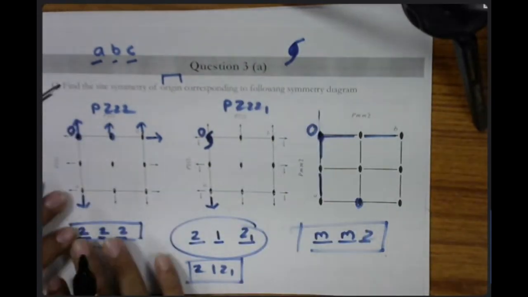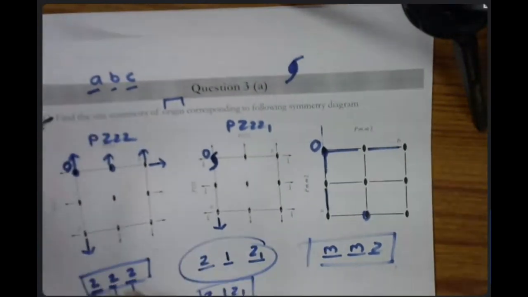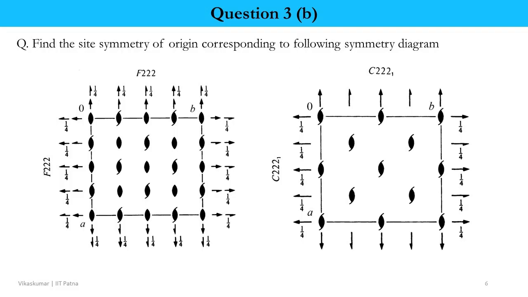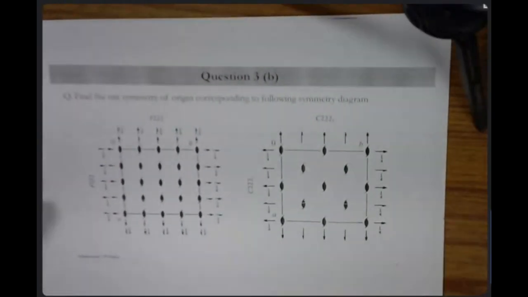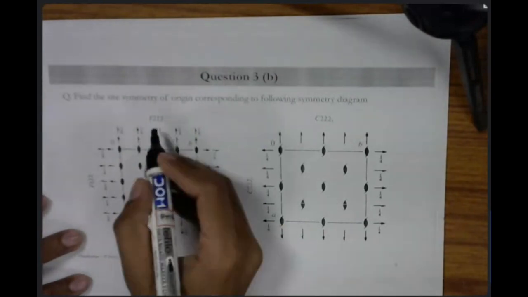Let's solve a few more questions based on this same thing. F222. Since 222 is there, it is written as F2.